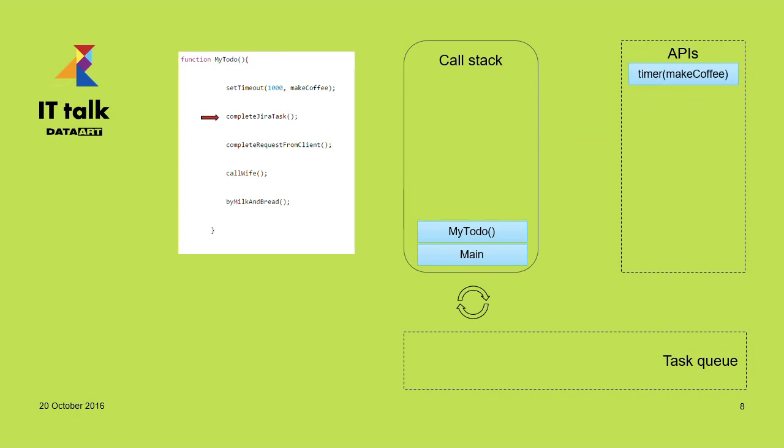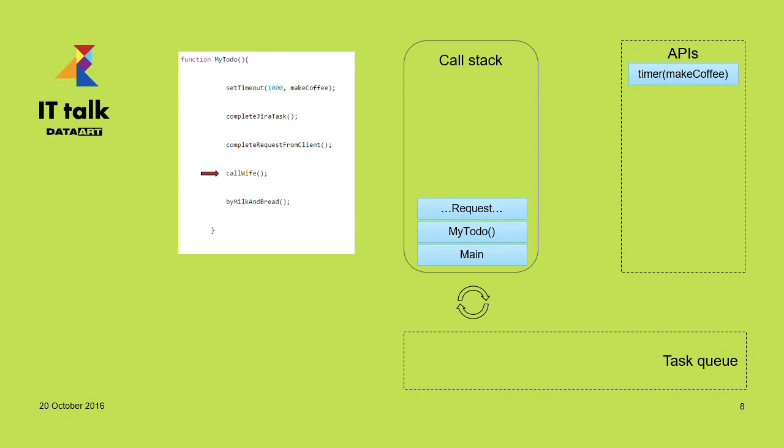The web API starts the timer with the time we specified, like 1 second here, and then the call stack just loses this function, and we can continue with our execution. The timer runs asynchronously, and we are continuing with our script.